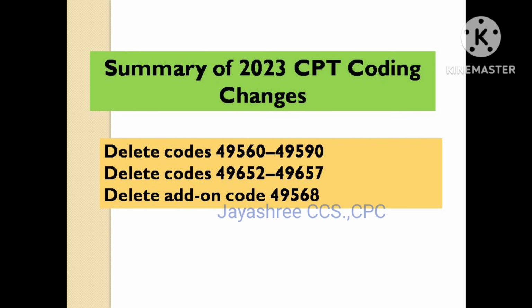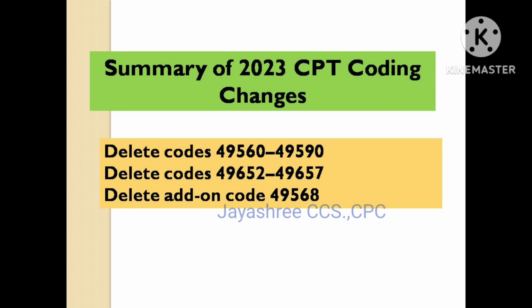Okay, so let's see which codes are deleted and which new codes are added. Let's check a summary of the 2023 CPT coding changes. First, deleted codes: code range 49560 to 49590, which describes open repair of anterior abdominal hernia.